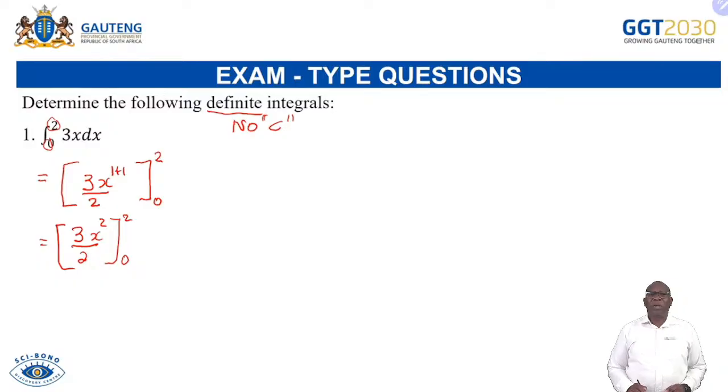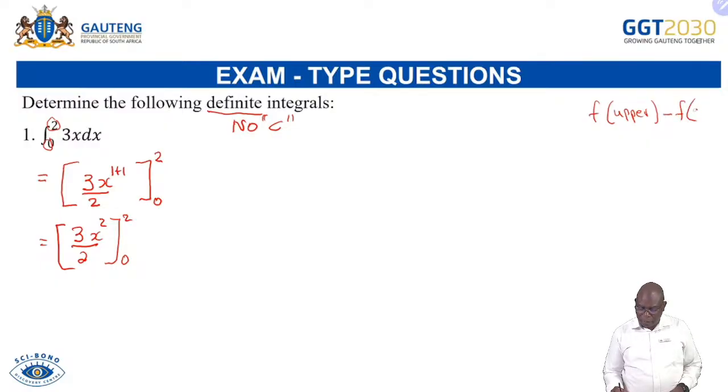No, I'm not done, because now I'm going to have upper limit and lower limit. So what should I do? I must use my rule. What is my rule? F of the upper minus F of the lower. Right? So it will be F of 2 minus F of 0.